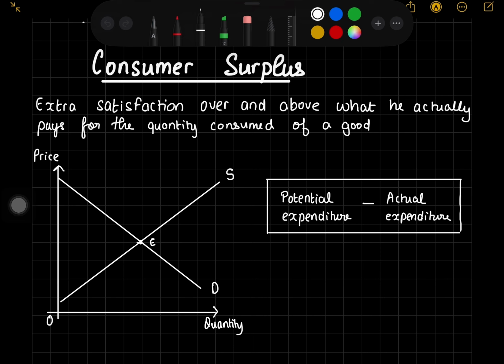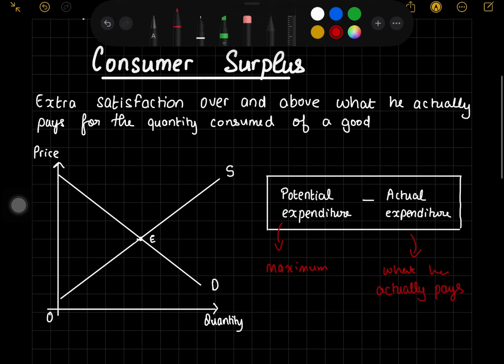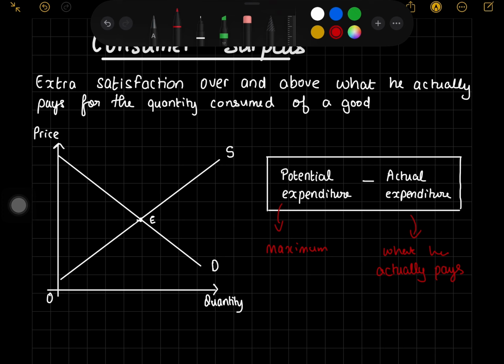So as you can see, consumer surplus is the potential expenditure minus the actual expenditure. The potential expenditure is the maximum he is willing to pay, and the actual expenditure is what he actually pays, right? The maximum that he is willing to pay is represented by the demand curve.